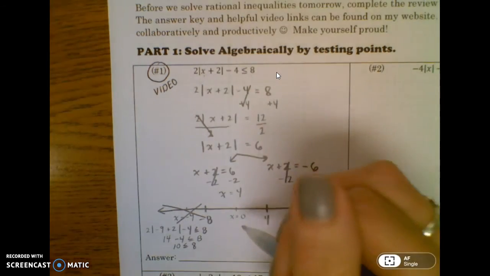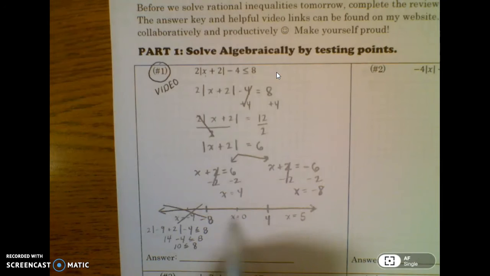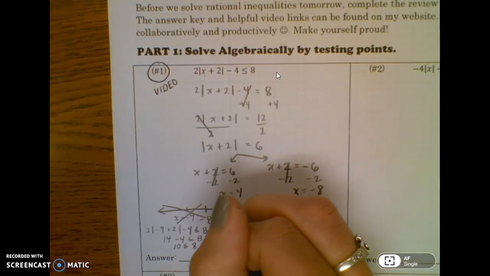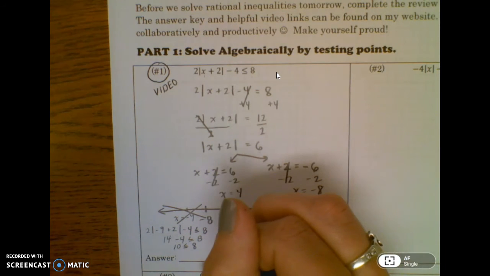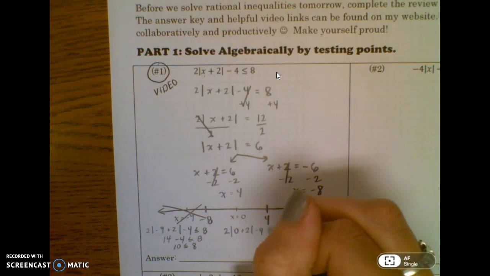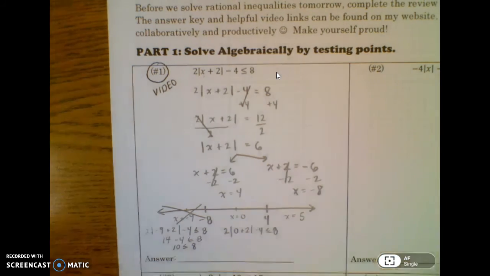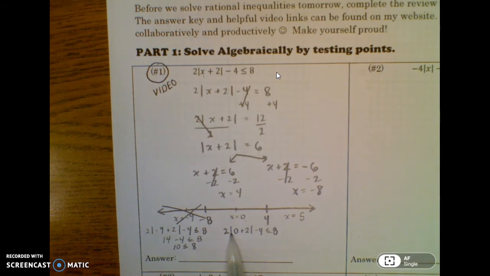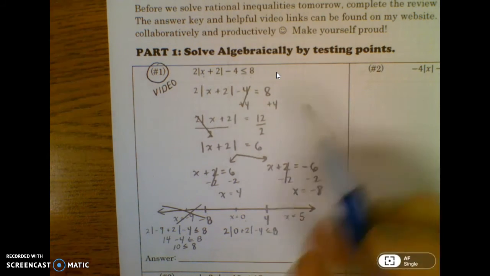Then I'm going to test x equals 0 to see if the middle interval from negative 8 to 4 is a solution to my inequality. So I'll plug in 0 as my test point. And again, I'm going to do some of the work in my head. I have 0 plus 2 is 2. 2 times 2 is 4. And 4 minus 4 is 0.